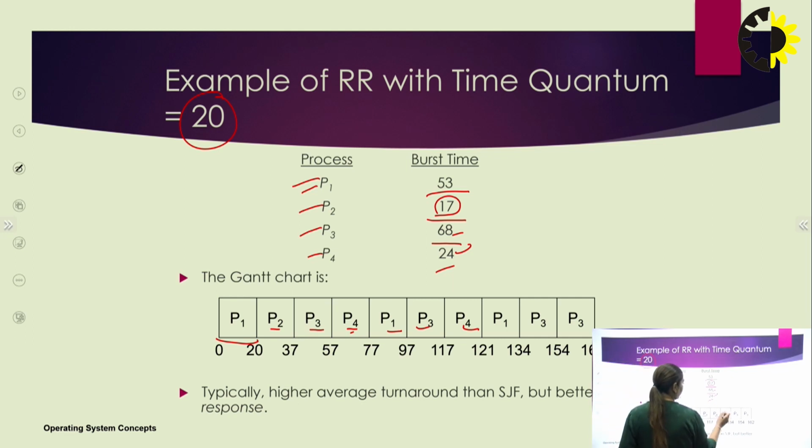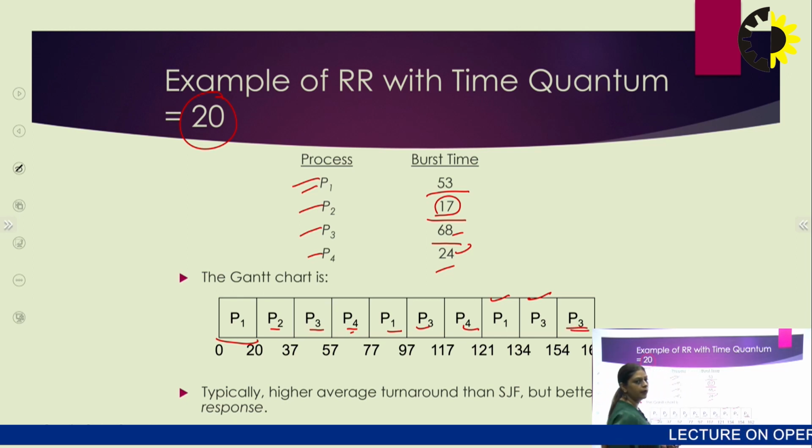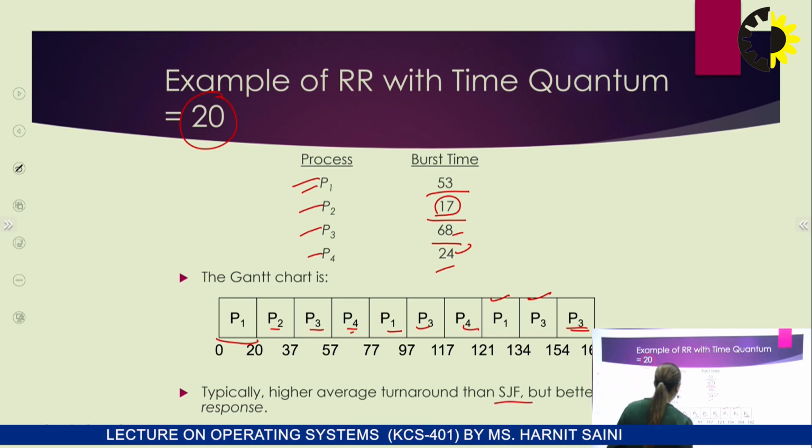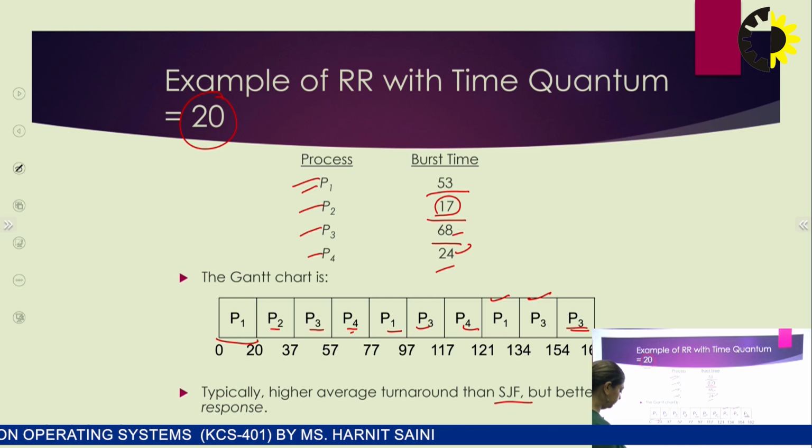We are left with P1 and P3. P1 is also completed and then we are left with only P3, so the quantum will be given to P3 only. Typically there is a higher average turnaround time, but better response.